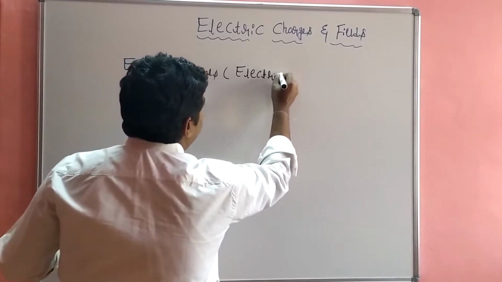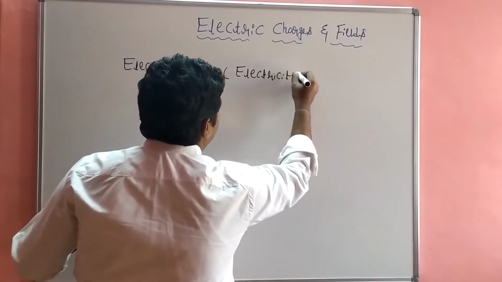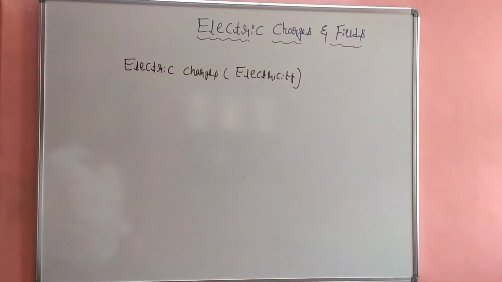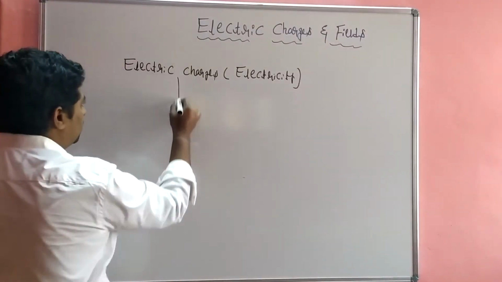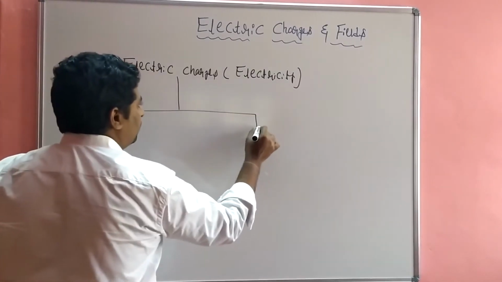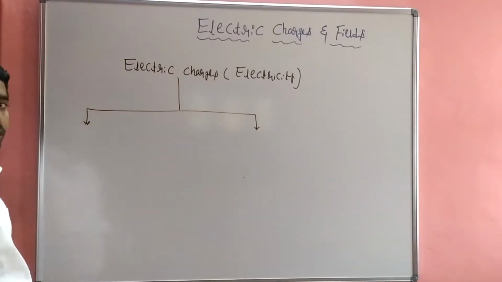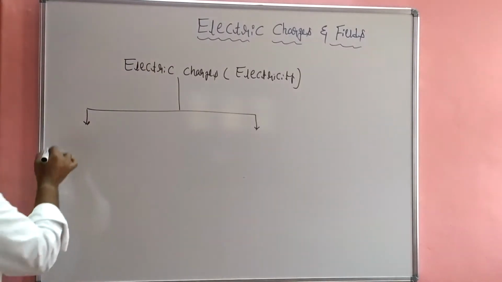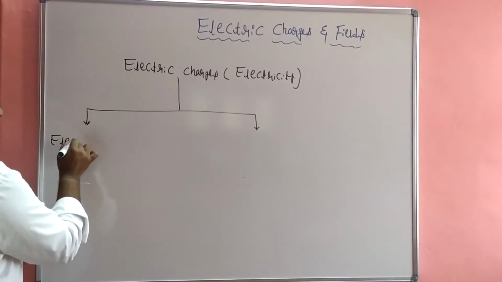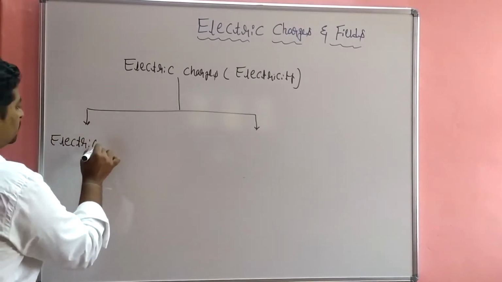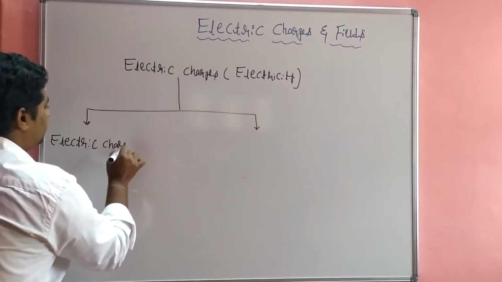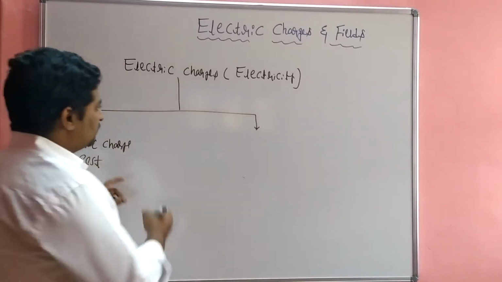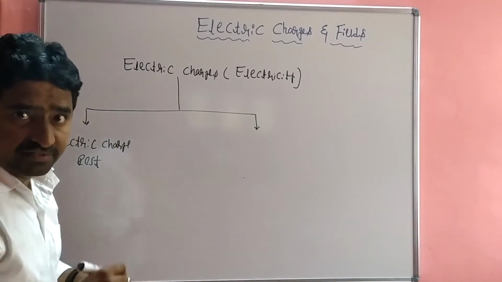So what is studied in electricity? It is only electric charges. The charges act in two possibilities. The electric charges are in rest condition, or the electric charges are also moving in certain cases.